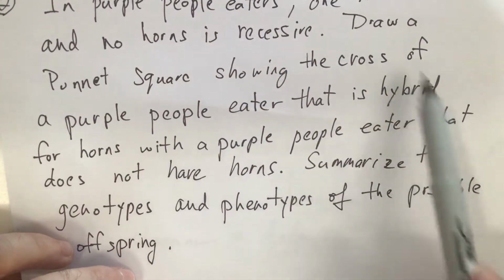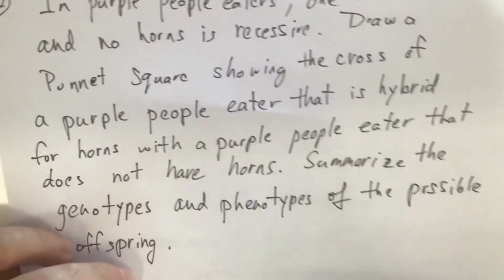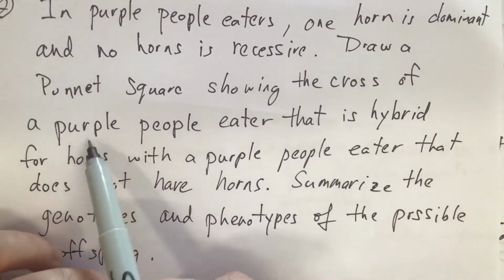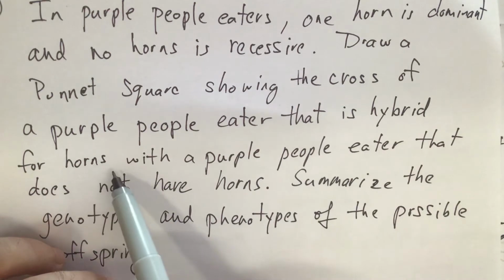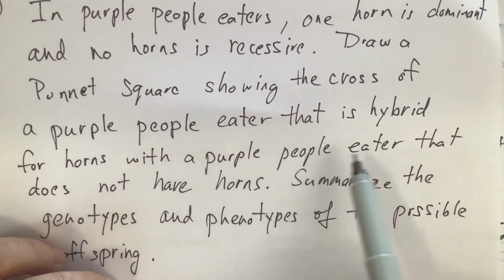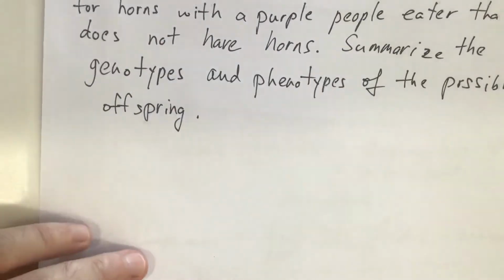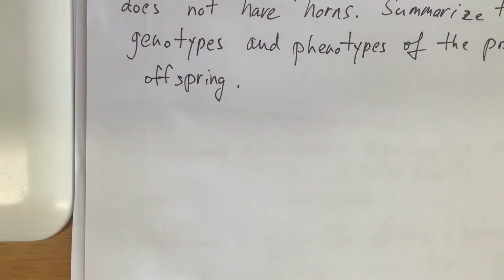That's where we're breeding two purple people eaters together. I can't even say it. The cross of a purple people eater that is a hybrid for horns with a purple people eater that does not have horns. So first we just need to come up with what our terminology is here.